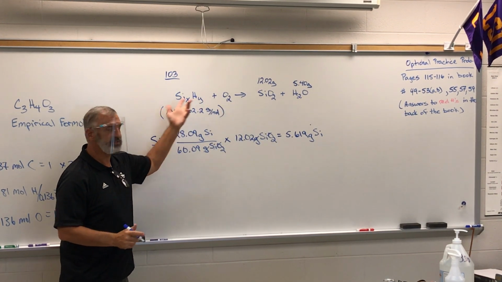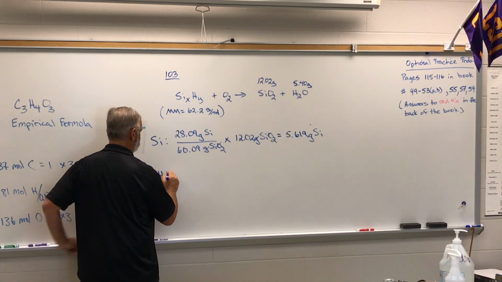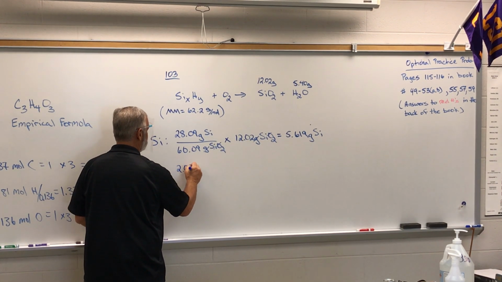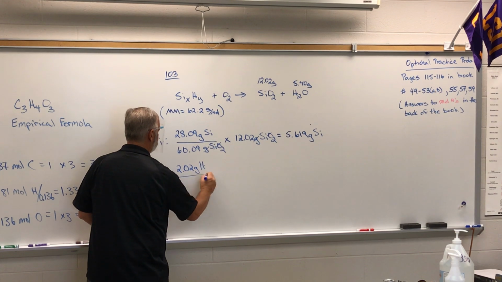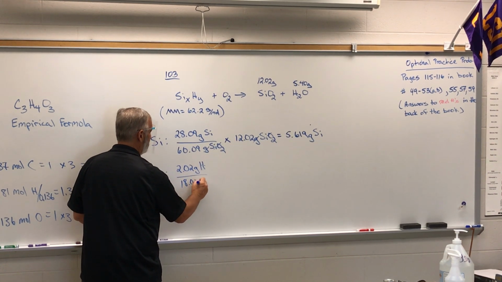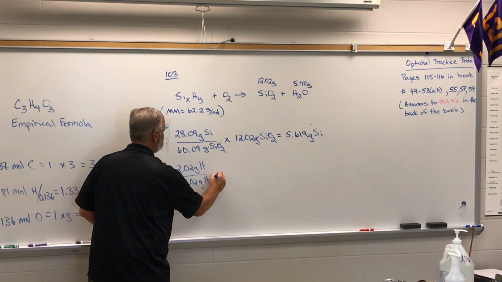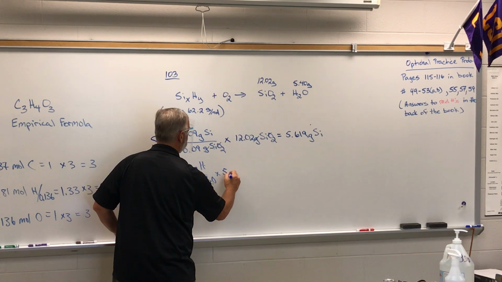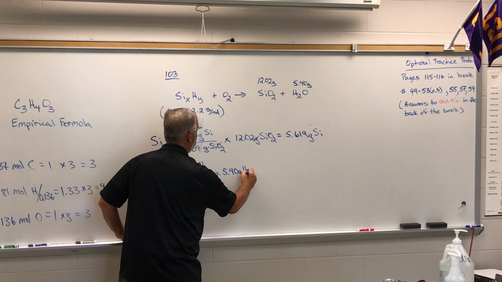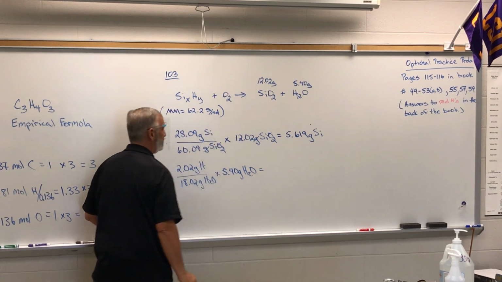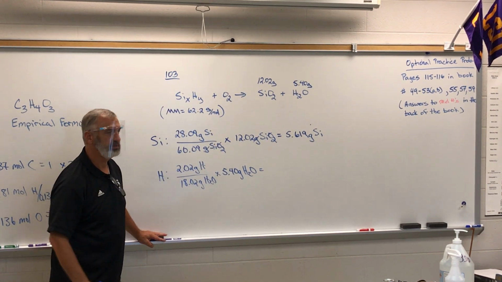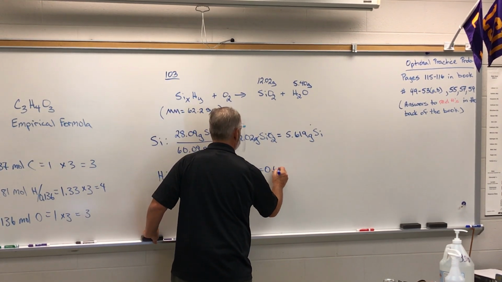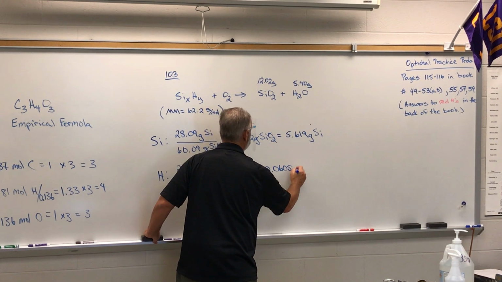They give you both things here, so we do the same thing for hydrogen: 2.02 grams of hydrogen over 18.02 grams of water times 5.40 grams of water. That's going to equal 0.605 grams of hydrogen.